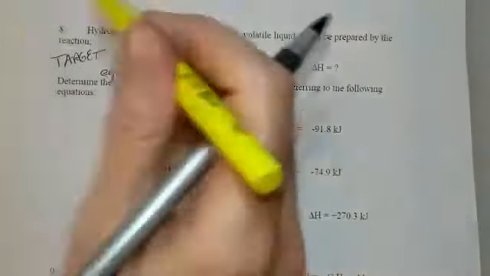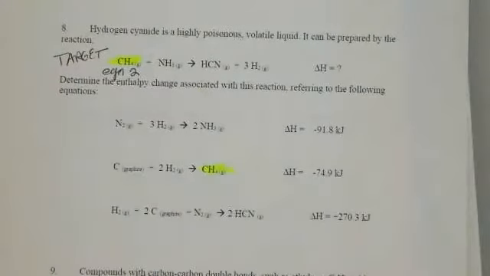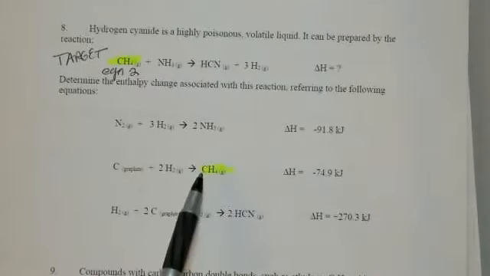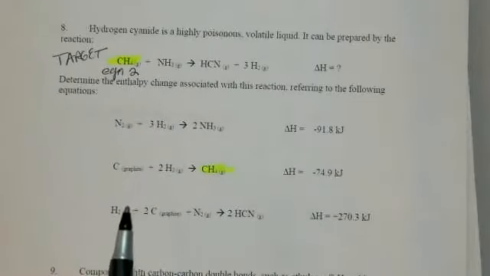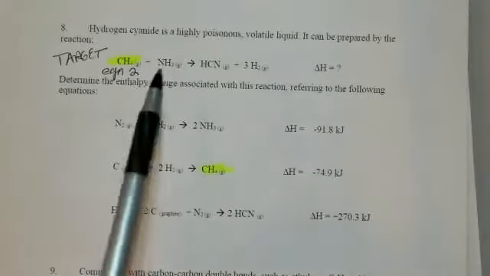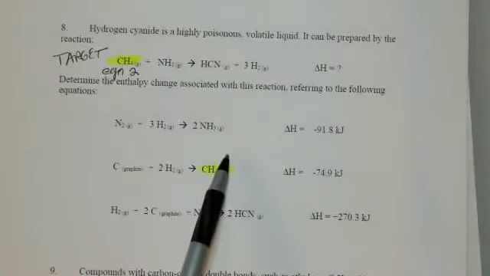I'm just going to highlight that really quick. So first thing I'm going to say, okay, with the methane, does it have the correct coefficient in front? Yes, right? It's 1 methane, 1 methane. So the coefficient is good. Second question, is it on the correct side? Those are the 2 questions you always have to ask. The answer is no. I need it on the reactant side, but here it's on the product side.